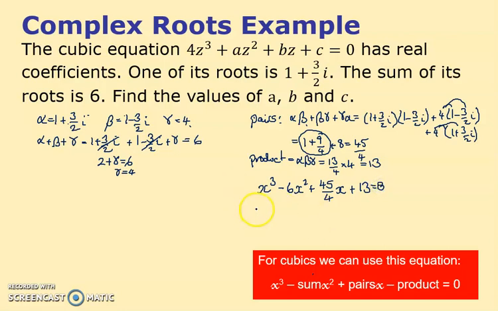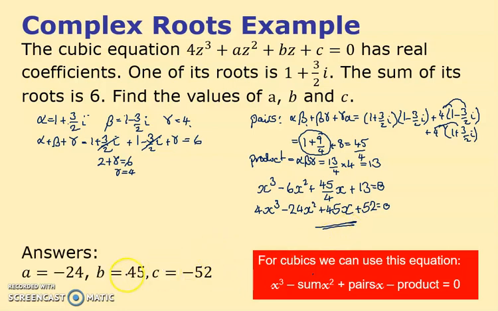Now normally you just times everything by the denominator, so 4x cubed minus 24x squared plus 45x plus 52 equals 0. I think. Minus 24, 45, minus 52, and that's because I forgot to change the sign, because it does say here minus the product. Silly boy. Other than that, you can see it works.